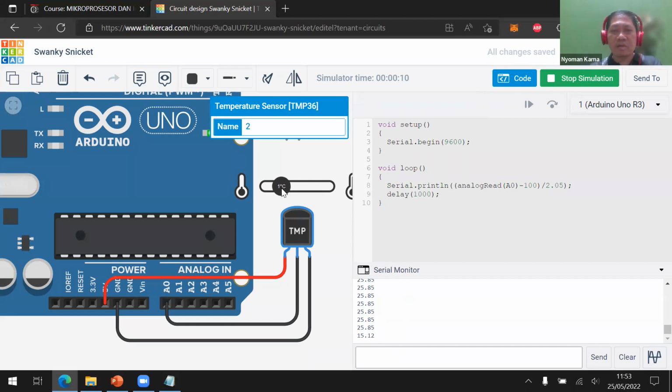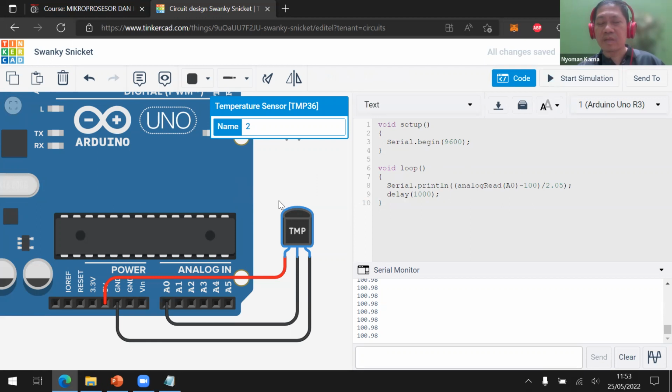How about 0 degrees Celsius, 0.98 degrees Celsius. How about 100? Almost 100. Okay. So this is what we call calibration.